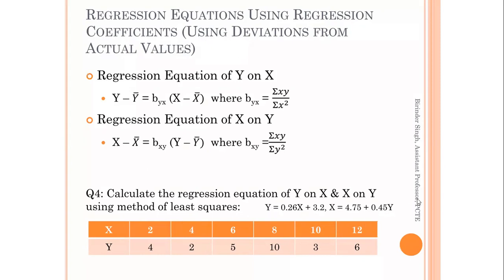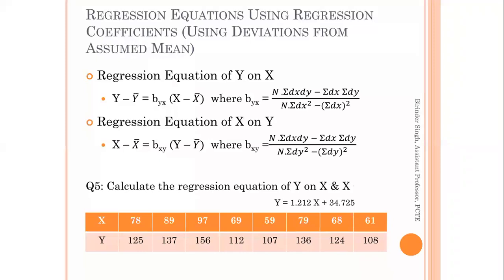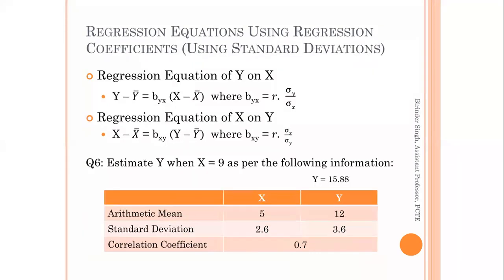The problem is given here, and a hint is given here. This is a deviation from the assumed mean. Question number 5: calculate the regression equation of y on x and x on y. Answers are given here, so you can practice these questions.